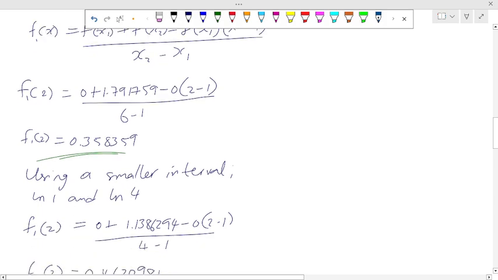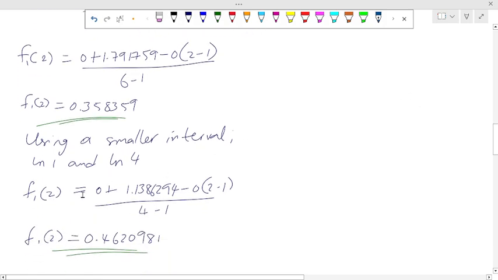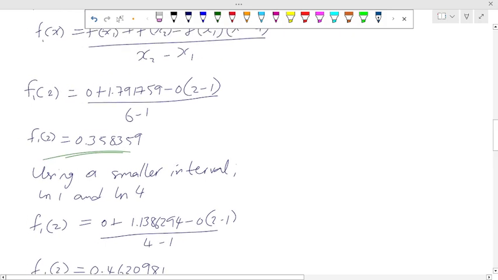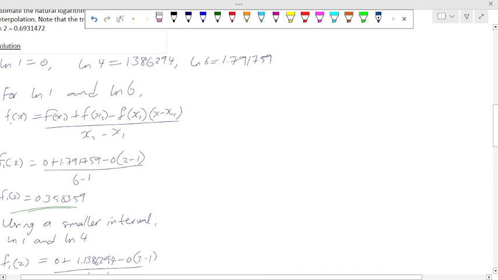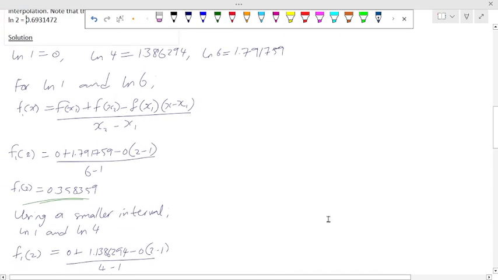So when x is 2, of course the lower limit is ln 1, and f of ln 1 is 0. f of x, which is ln 4, gives us this, minus 0, because that's the lower limit using this formula.